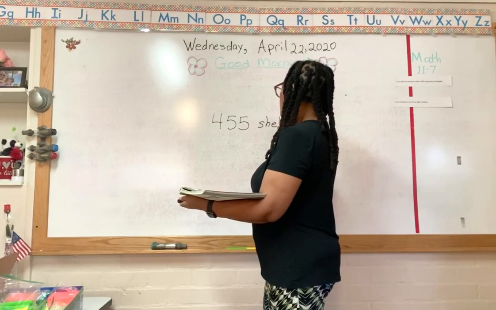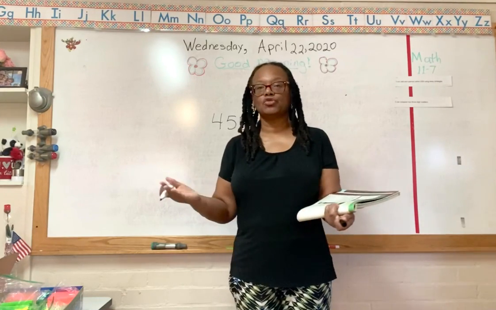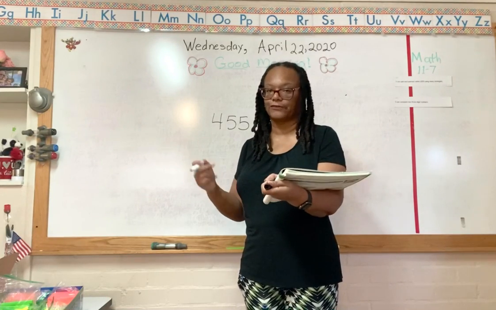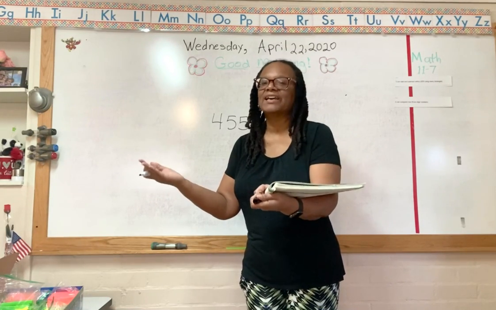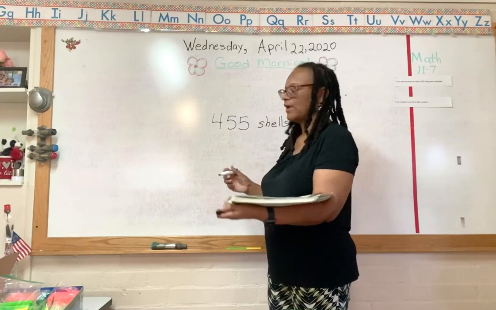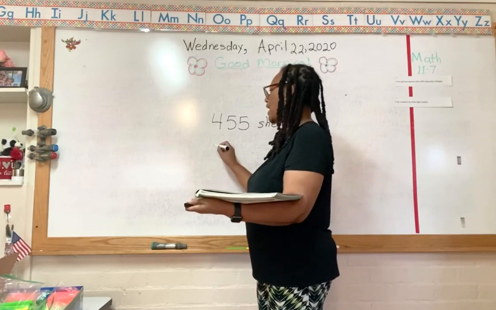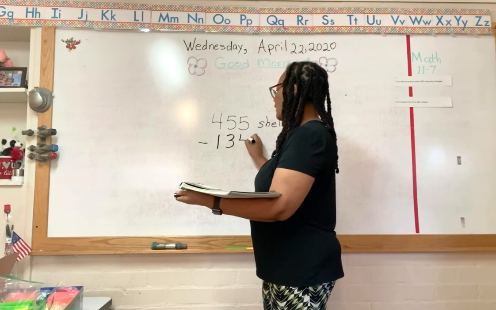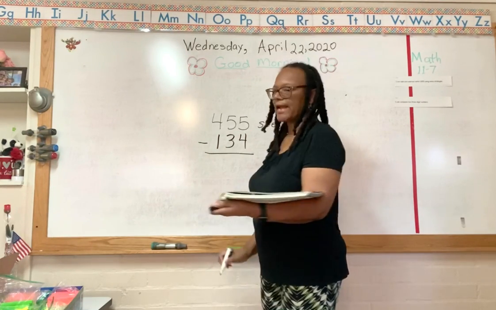This is going to be 2 steps because it says she does two things. First, she gives them away. Well, if she started with 455 and she gives some away, that's subtracting 134. Right?